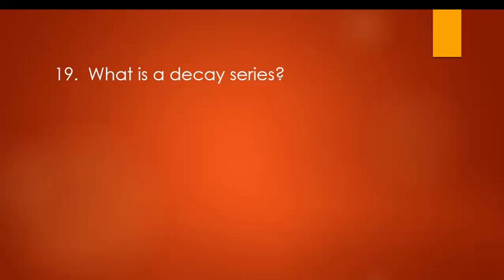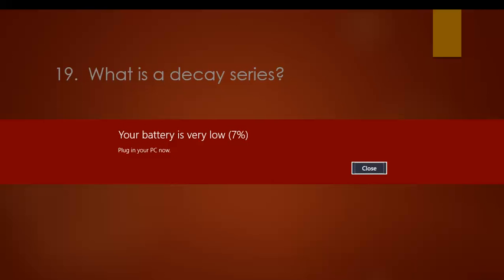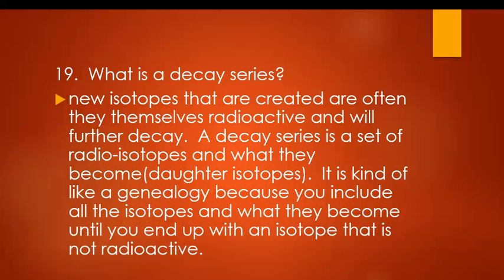All right, so let's get back to Serenity. Uh-oh. Let's get back to Serenity. All right, remember we told the story of how she became different people. A decay series is all of the different people that Serenity will become until finally she becomes somebody who is no longer radioactive.